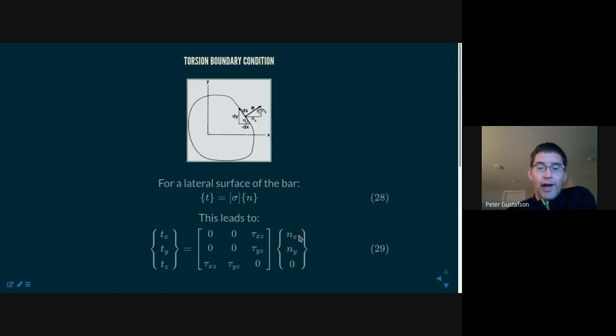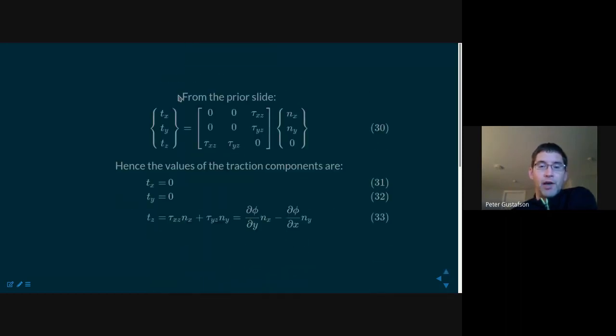Okay, it's pretty easy to actually calculate that. I'm just bringing this equation forward from the prior slide. Now Tx is going to be equal to the first row dotted with the first column. Ty is going to be the second row dotted with the second column. Tz is going to be the third row dotted with the third column. We see the first 2 are both 0. I'd say that's relatively obvious.